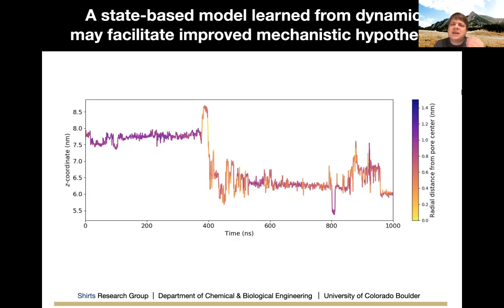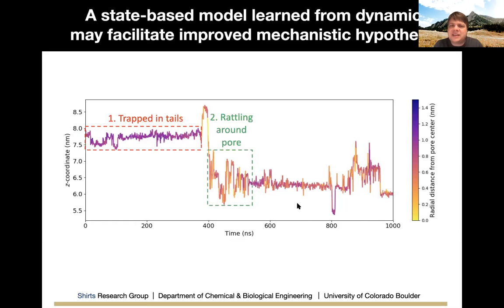It's to use the details of the dynamics and how it jiggles around, and actually learn and partition the different dynamical segments and group them together, and then use those to tell us where we should be looking for interesting structural quantities. So here you can go back afterwards and say, oh yeah, it's trapped in the tails here, it's rattling around the central pore here, and it's hydrogen bonding here.